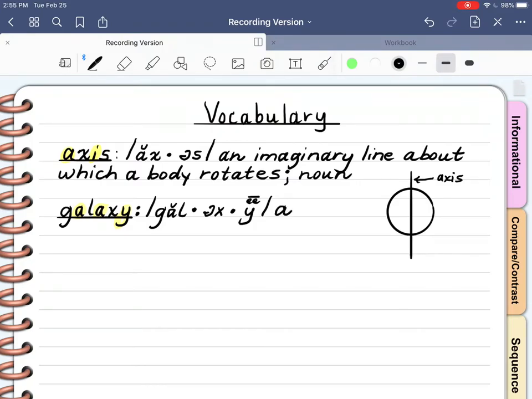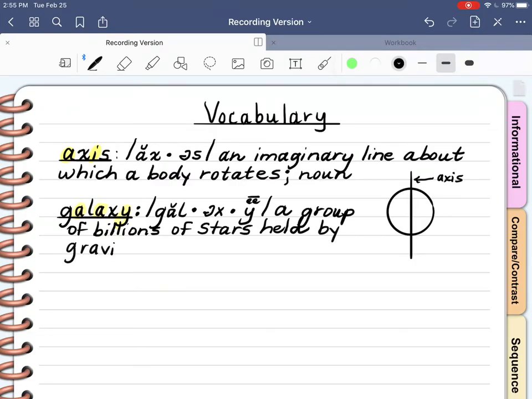It is, so we know the part of speech, a group of billions of stars held by gravity. That's a galaxy. And a galaxy is a noun.